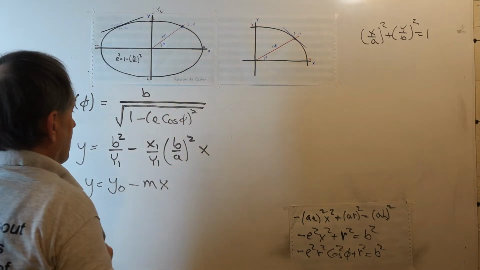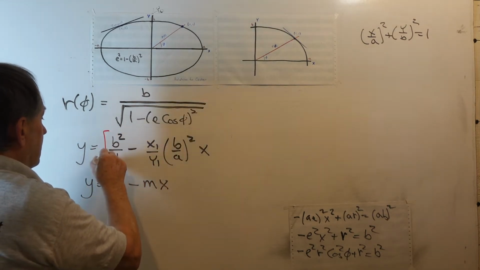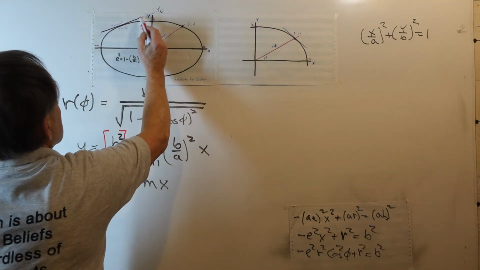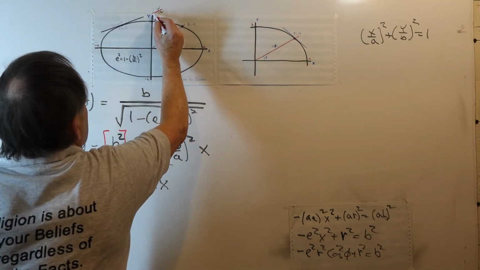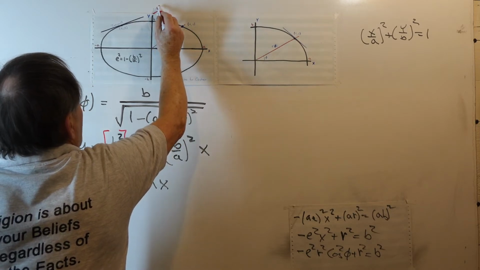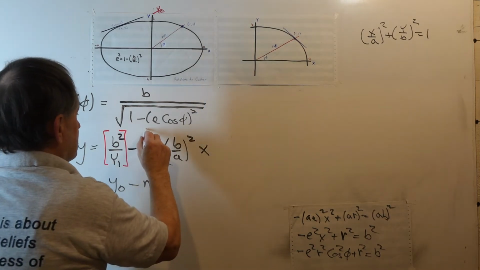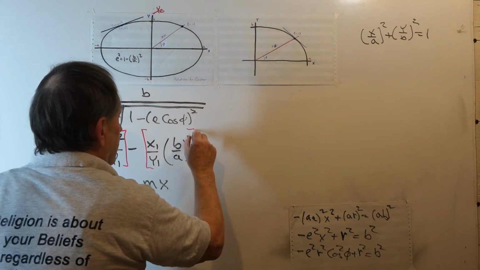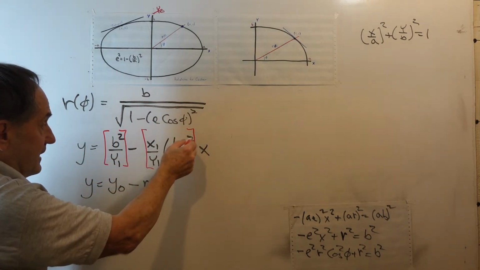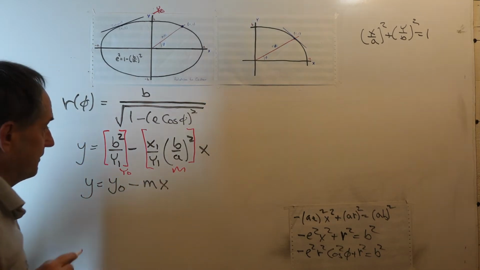And this b squared over y1 is what we call the y-intercept: if we were to extend the tangent line, it would intercept the y-axis at point y0. And then this portion is the slope of the line, x1 over y1 times b over a squared. That's our m. This is m, this is y0.